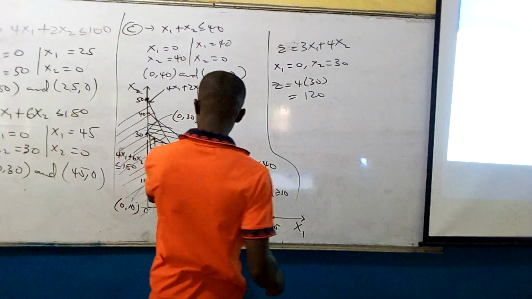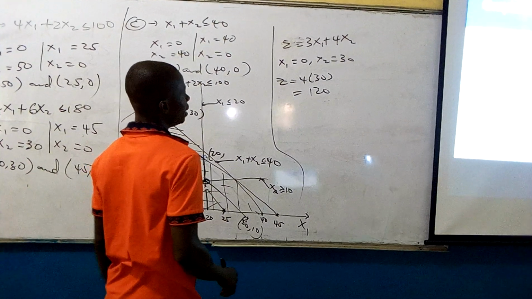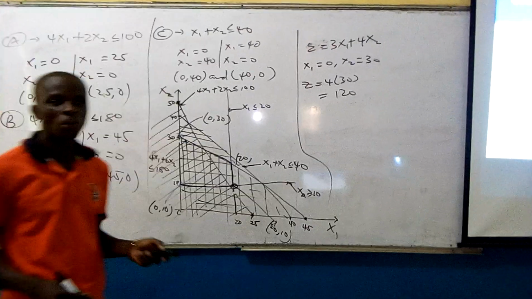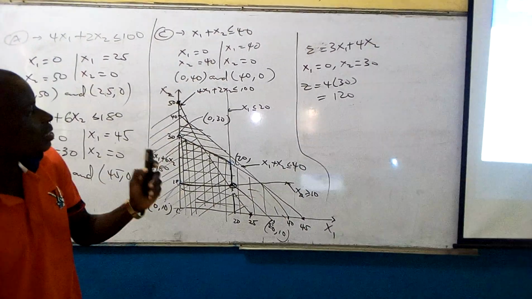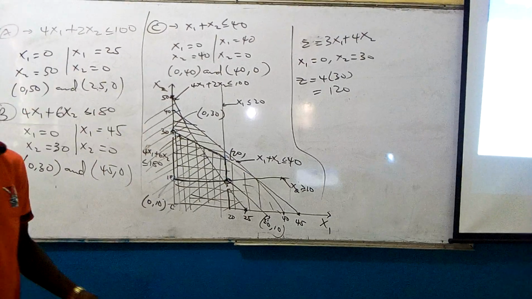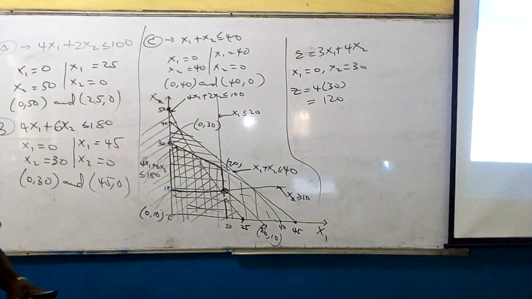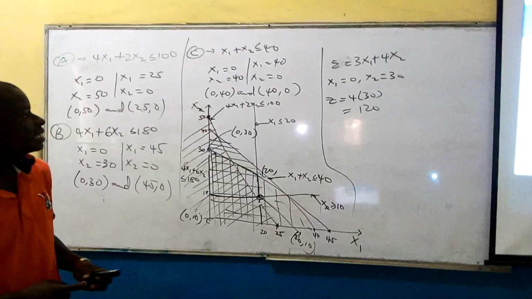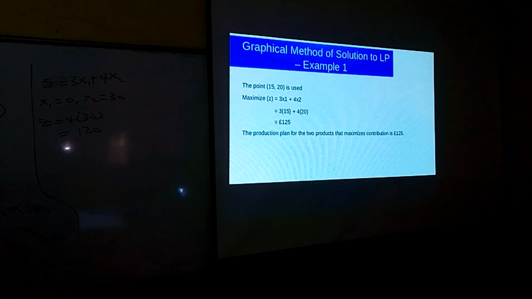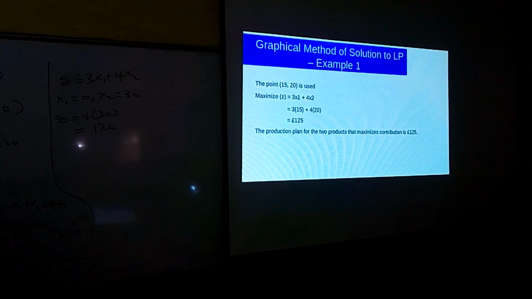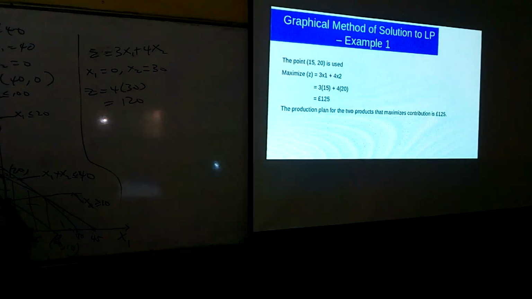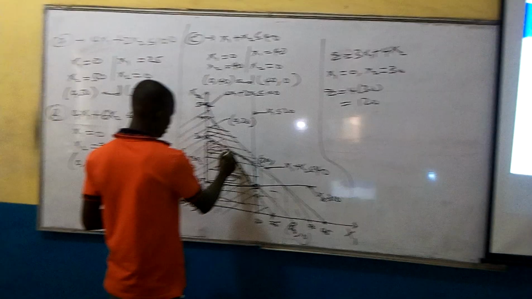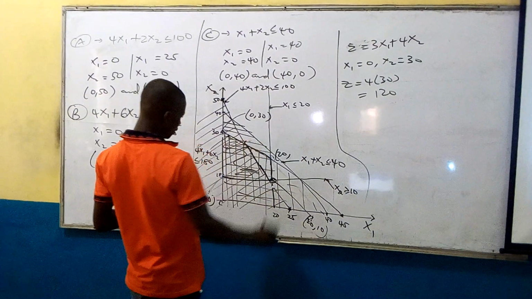Then you do that for all the points. Now we want to maximize. So the point that will give you the maximum is the optimal value. So that will be our point. In this case, I think 15 and 20, to be somewhere here, on this curve.